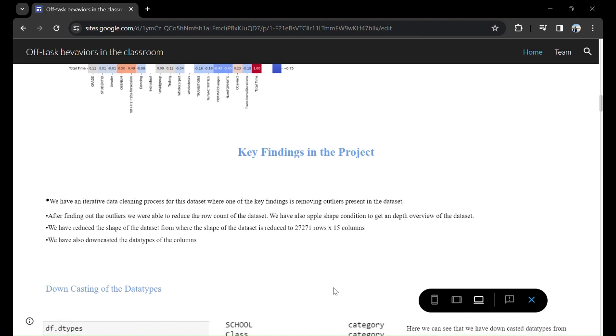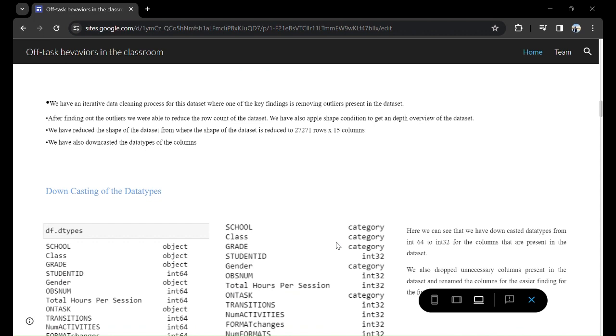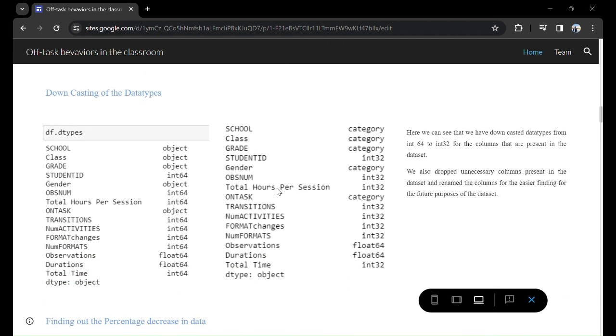Here you can see that we have downcasted the data types, for example, from int64 to int32 present in the dataset. We have also dropped unnecessary columns and renamed the columns for easier findings and for future purposes of the dataset.